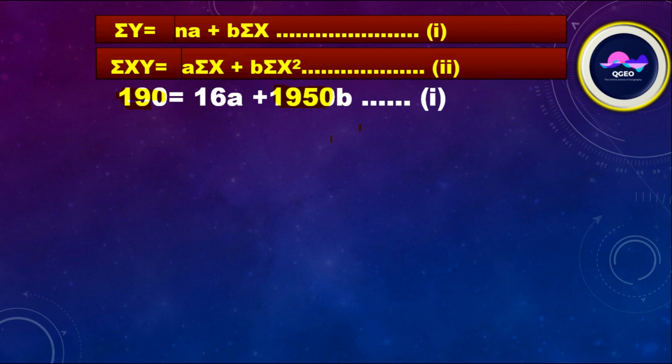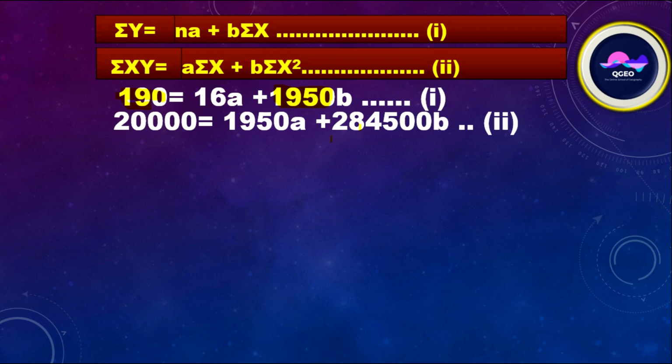Putting the values in equation number 1, and then in equation number 2, summation of xy is equal to 20000, summation of x is 1950, and b summation x square, where the value of summation x square is 284500 b.